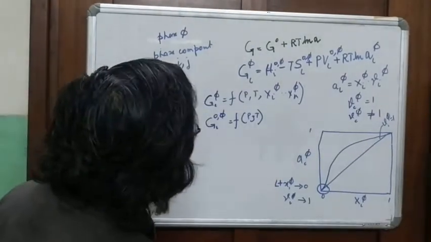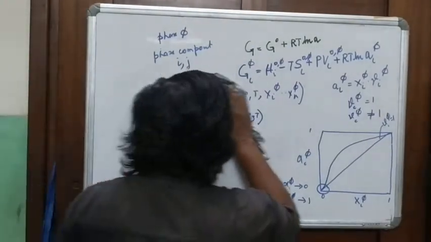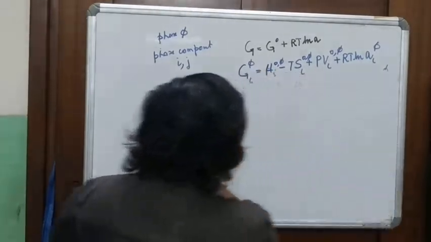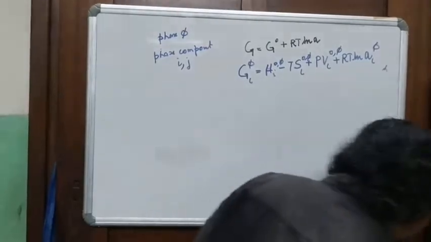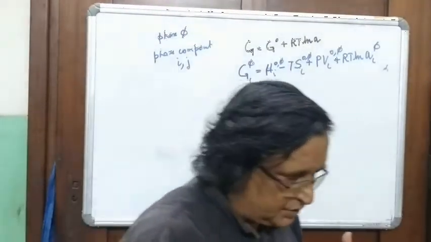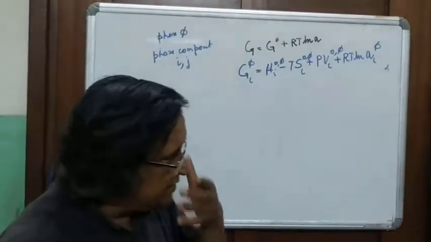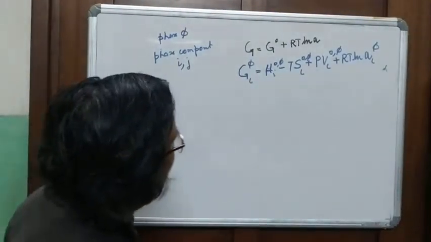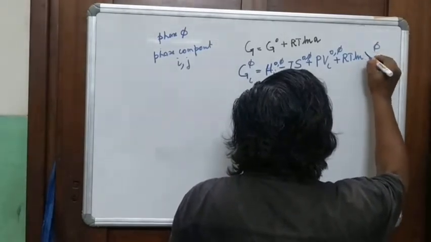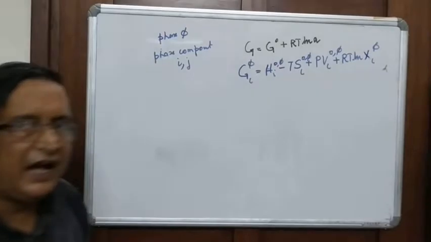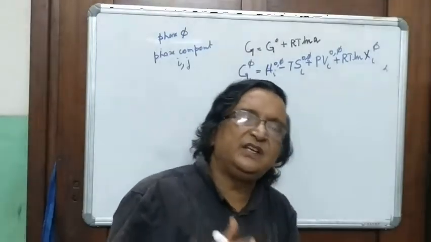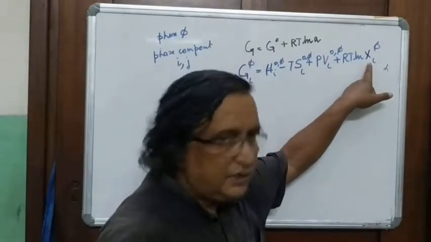Now, having said this, for this equation, for my convenience and for your convenience, we will always take mole fraction, replace activity by x_i phi, or we will consider it an ideal solution.